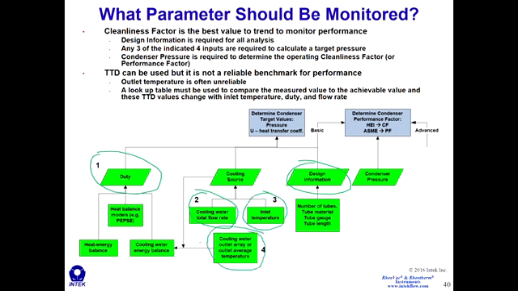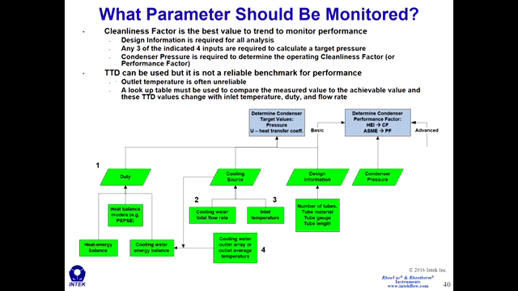You need 3 of those 4, and then use the formulas on the previous slide to calculate your cleanliness factor. And you need condenser pressure, of course. So any of those 3 of 4, plus design information, plus condenser pressure, and you can calculate cleanliness factor.